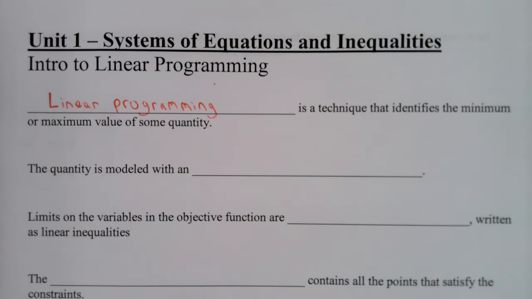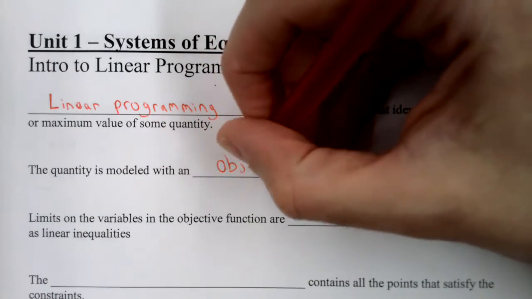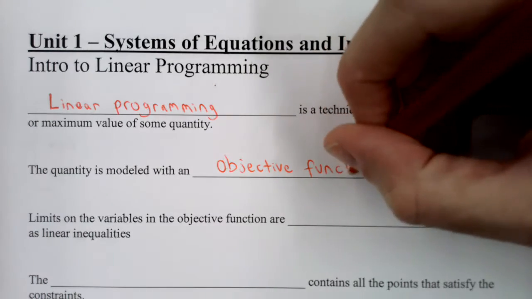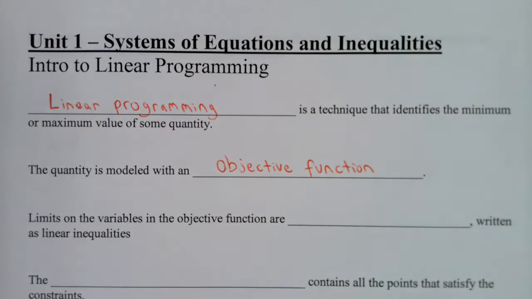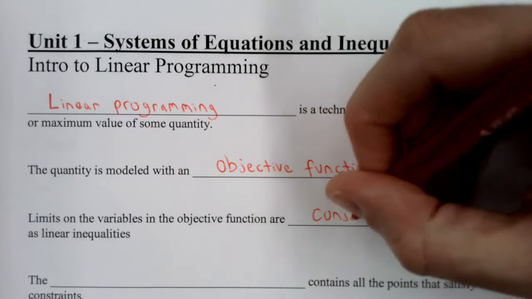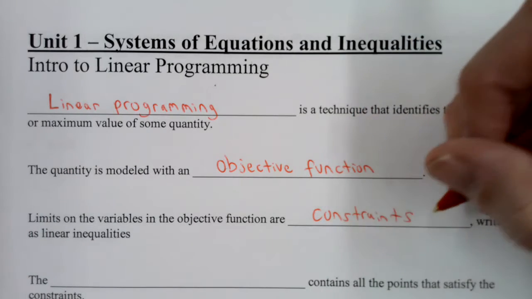The quantity is modeled with what's called an objective function. Limits on the variables in the objective function are called constraints, and they're written as linear inequalities. We'll talk about this more on the next page when we get to the actual examples.